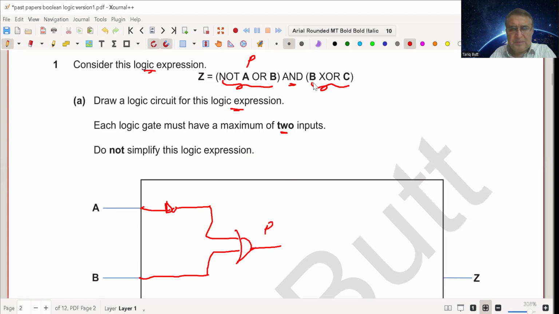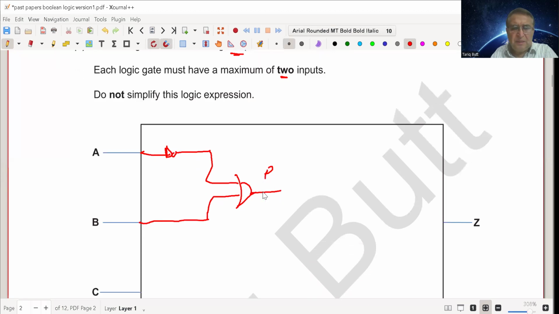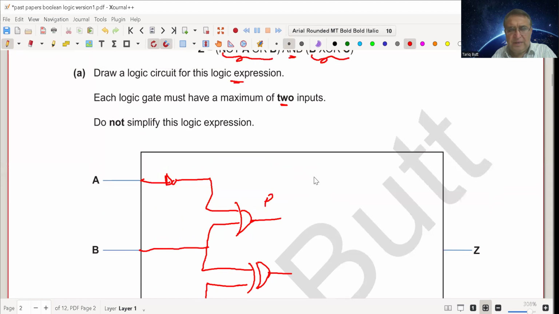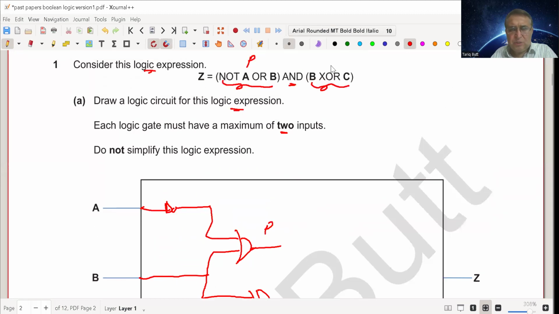Then the second sub-expression is B XOR C. This is the symbol for exclusive OR. Let's call this Q, for instance.